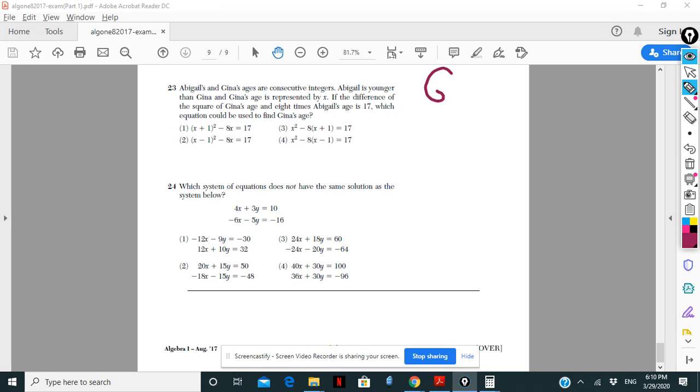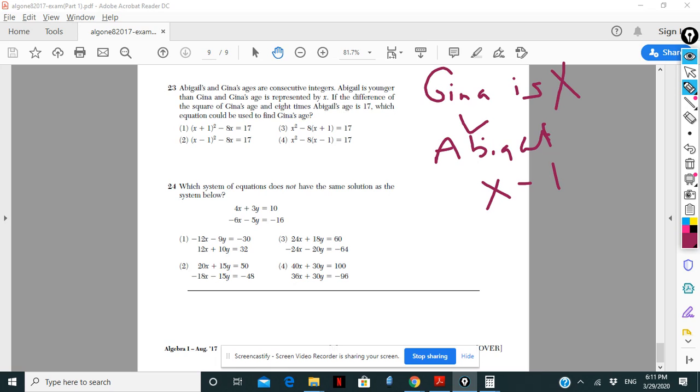So Gina is x, and do I know he said consecutive integer? What does it mean? If Gina is x and Gina is more than Abigail, so Abigail should be x minus 1, the number before. Now we're going to set up the equation.